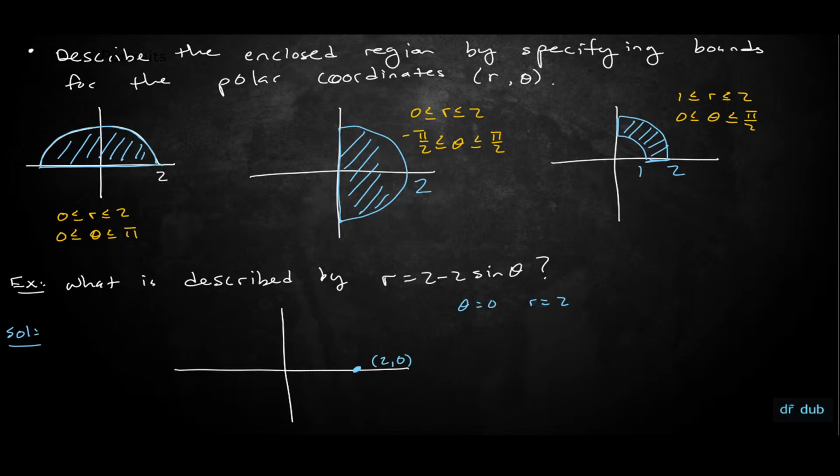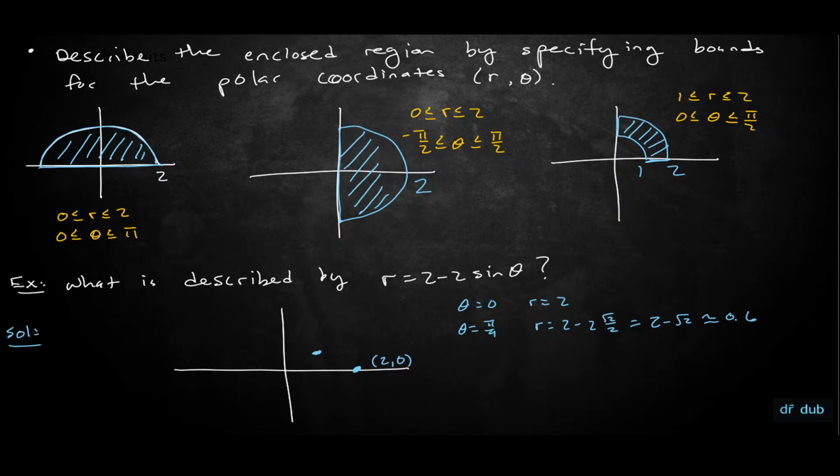Okay, well now let's say I pick pi over 4. So theta equals pi over 4, and r is equal to 2 minus 2 times square root of 2 over 2. So that's 2 minus square root of 2, which is about 0.6. So at pi over 4, my r is much smaller.